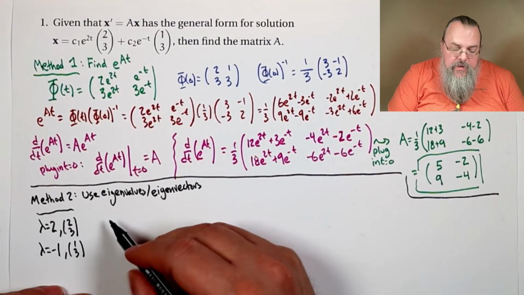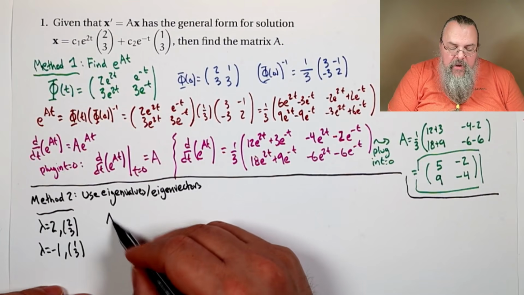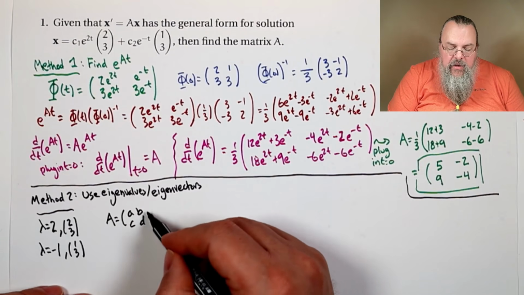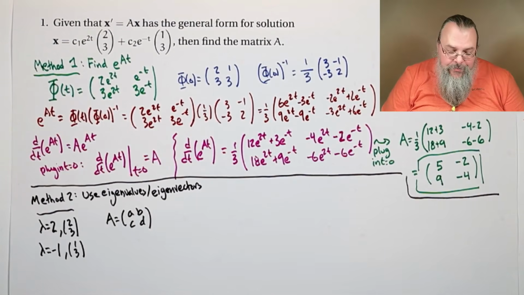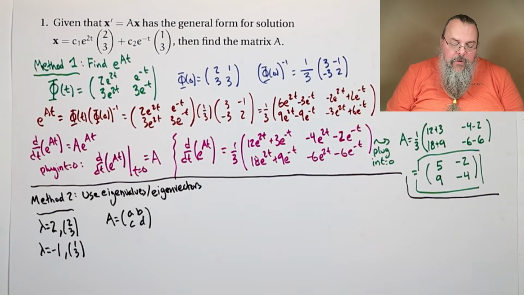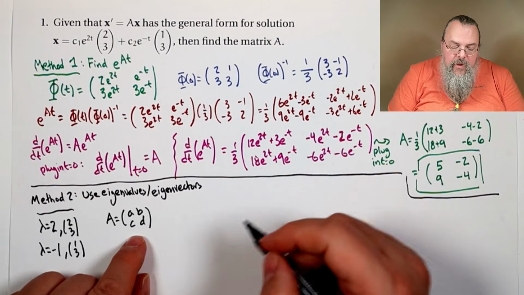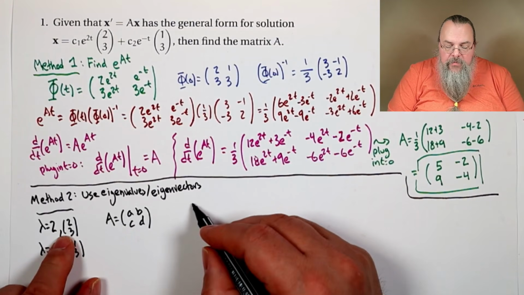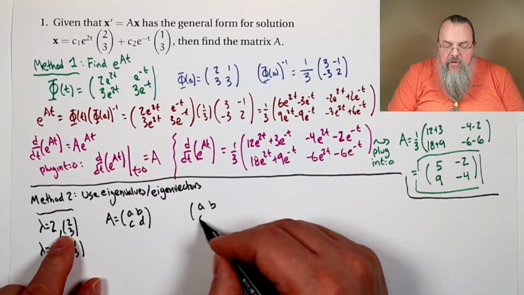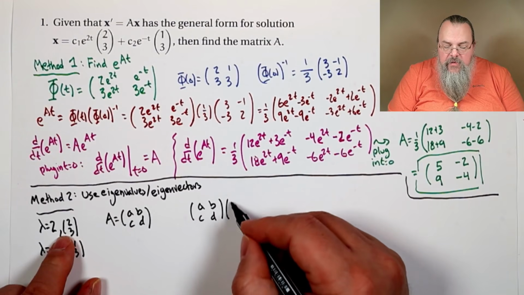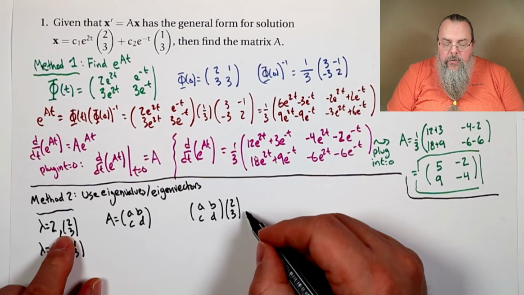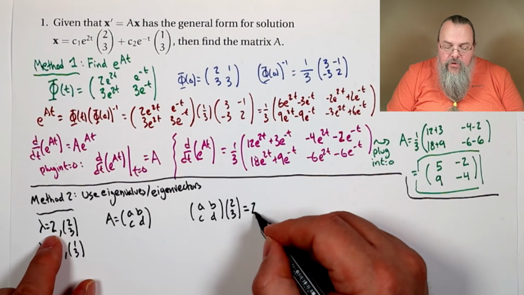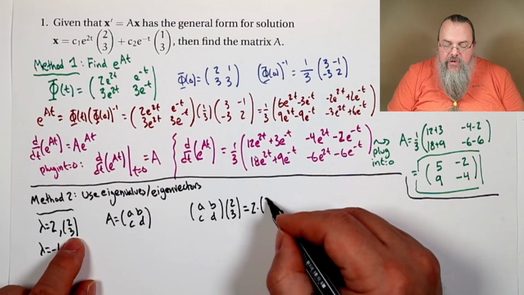And now, let's give our matrix A a name. A is a, b, c, d. And what do we know? Let's start with the first eigenvector-eigenvalue pair. If we take a, b, c, d times the vector 2, 3, we're going to get the eigenvalue 2 times the eigenvector 2, 3.